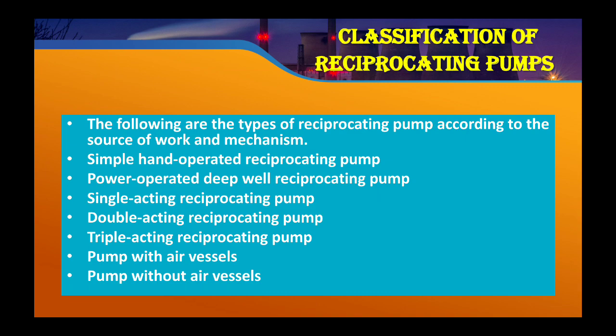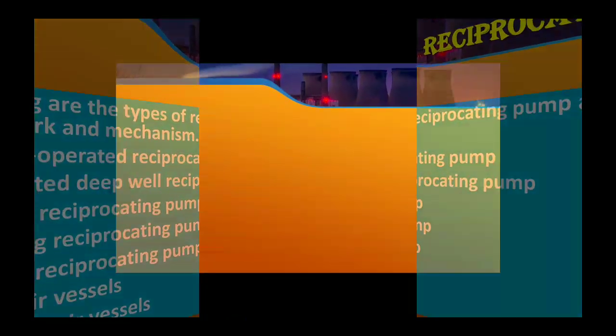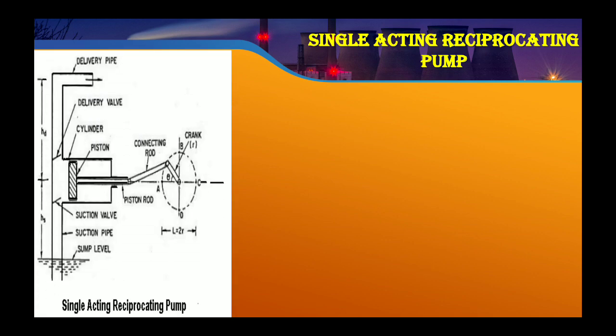So we can see here several types of reciprocating pumps. In our study, we are going to discuss the single acting reciprocating pump and the double acting reciprocating pump. The first one is the single acting reciprocating pump. Here you can see the image of a single acting reciprocating pump. This is the constructional view.